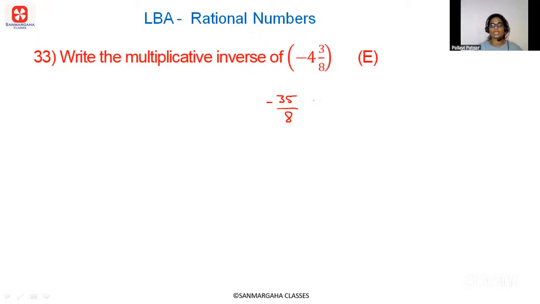So we get 8 by -35, and the product will be 1. So the multiplicative inverse of this fraction is -8 by 35.